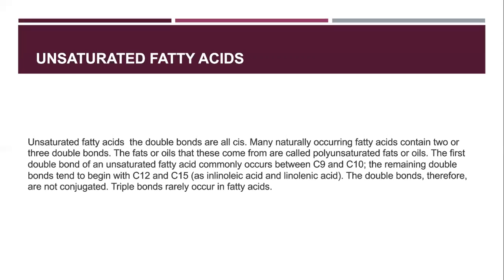The remaining double bonds tend to begin with carbon 12 and carbon 15. In linoleic acid and linolenic acid, meaning omega-6 fatty acids and omega-3 fatty acids, the double bonds begin at carbon 12 to carbon 15. The double bonds therefore are not conjugated. Triple bonds rarely occur in fatty acids.